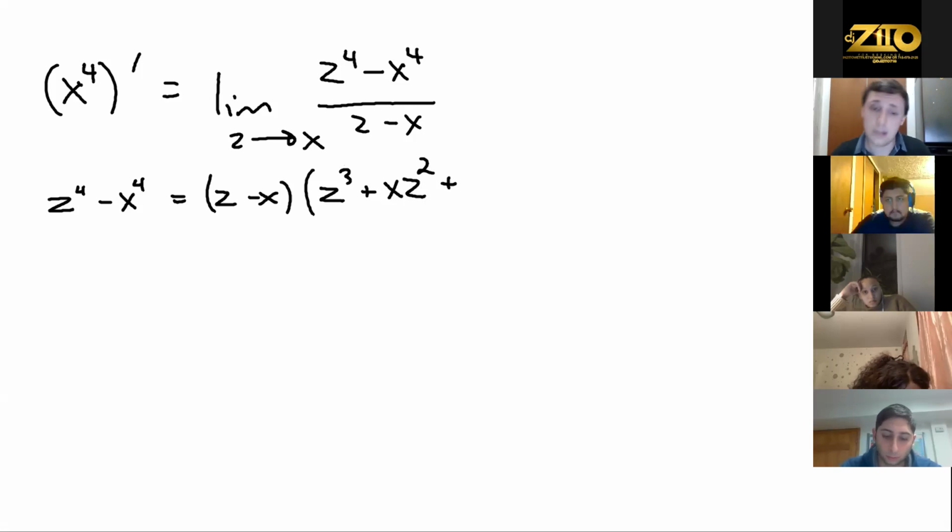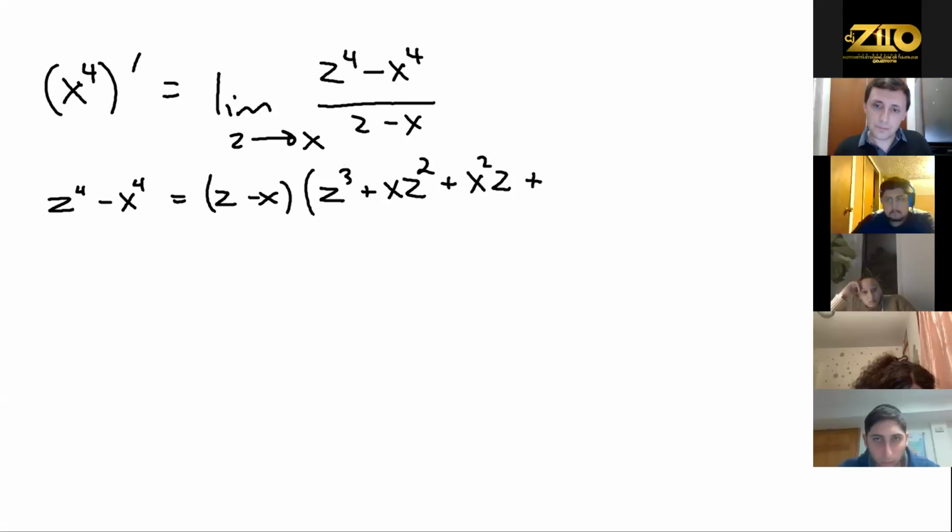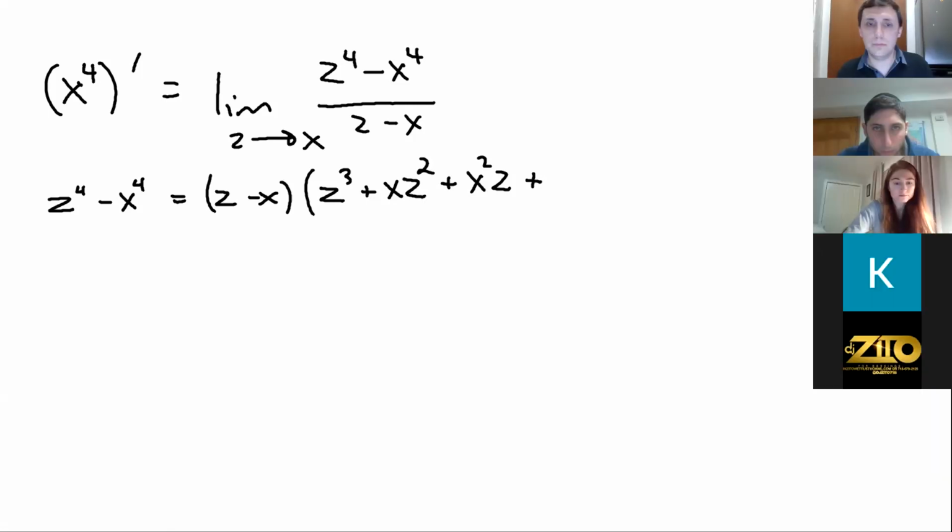What's the next stage? X squared z. Very good. Next stage is x squared z. And what's the next stage? X cubed. There is no more z. Just like in that story.